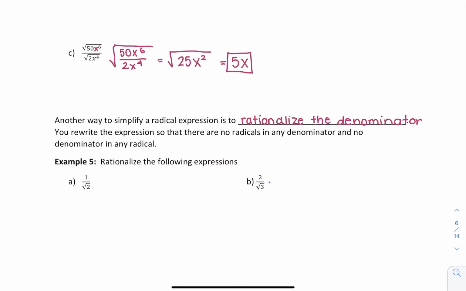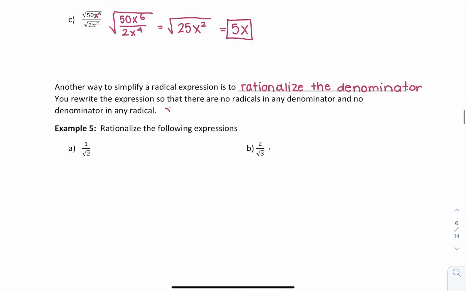So the way that we do that is we multiply the top and bottom by the radical in the denominator.